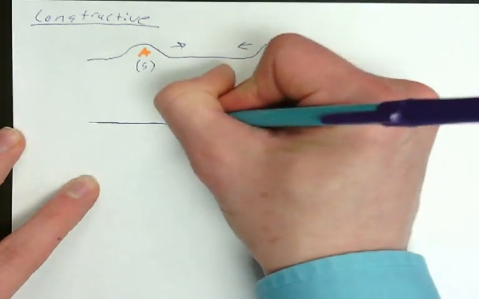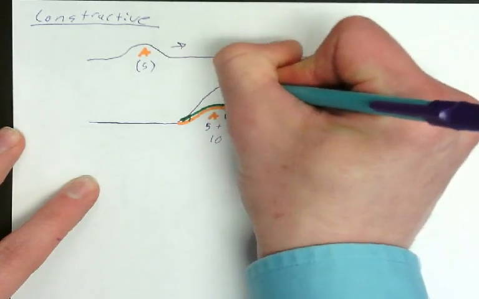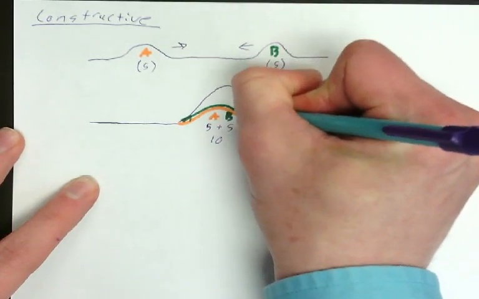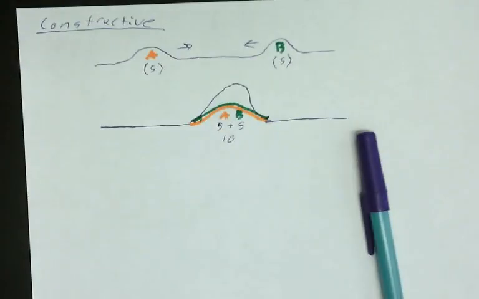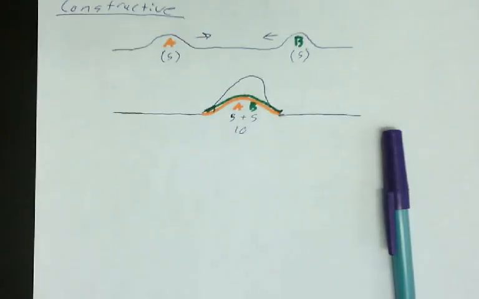So what we're actually going to see is this big wave that happens. And that's because the energies combine. It's called superposition, but we just call it constructive interference.